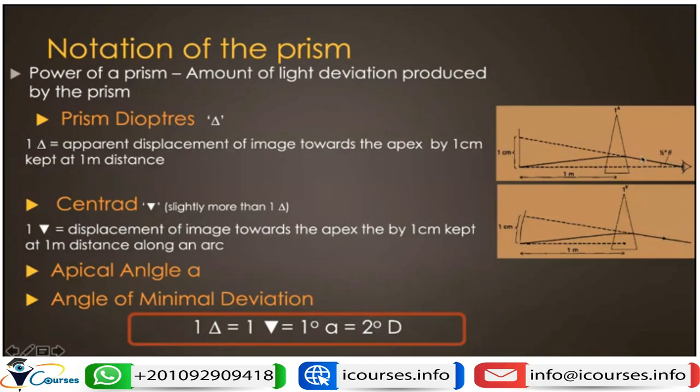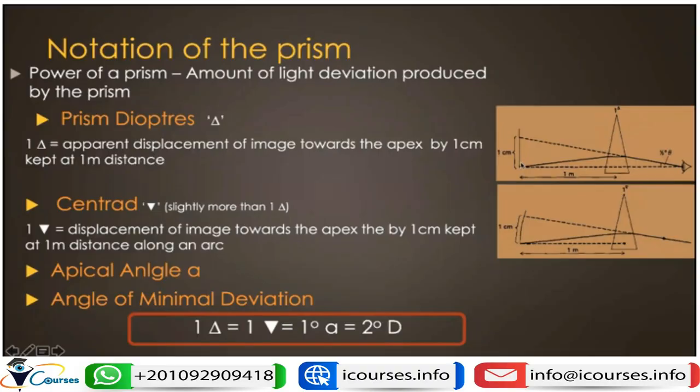If we have a prism whose power is one prism diopter, this means that this prism has the ability to deviate the light of an object placed at 1 meter by 1 centimeter.